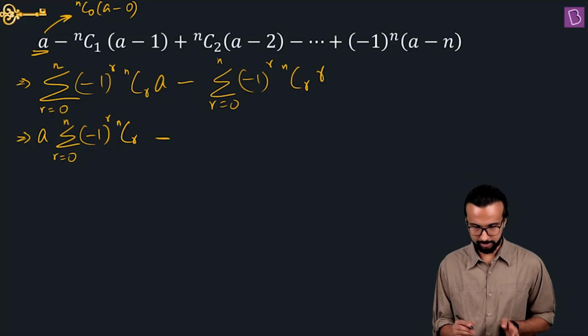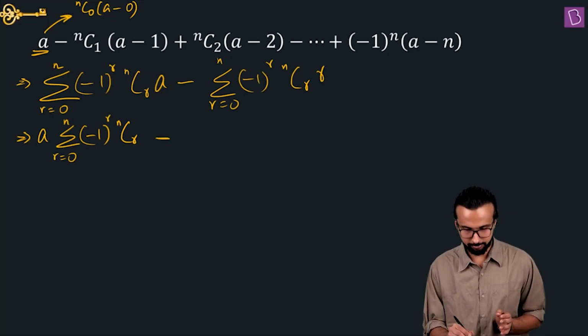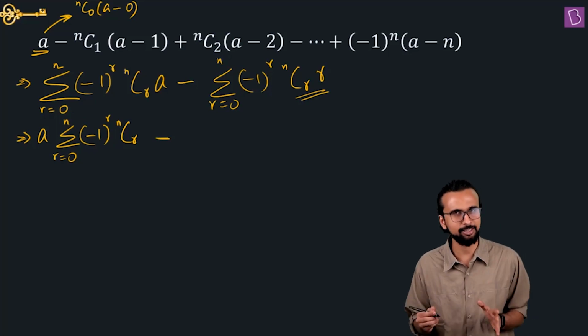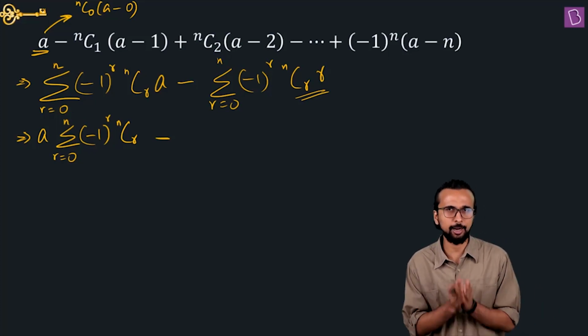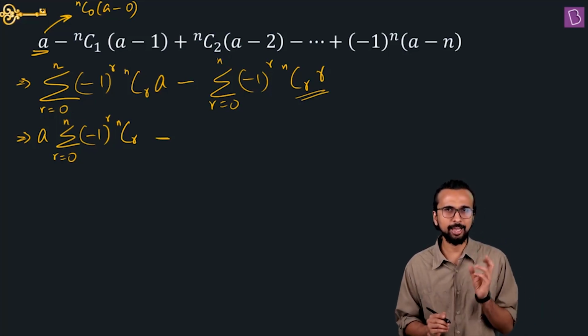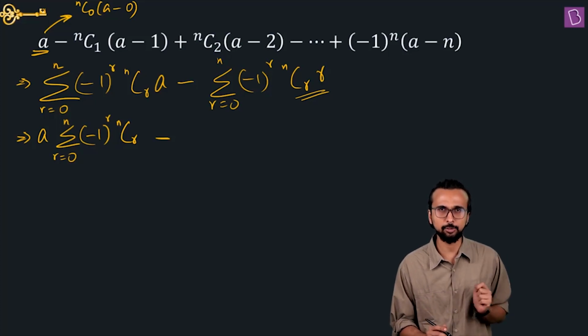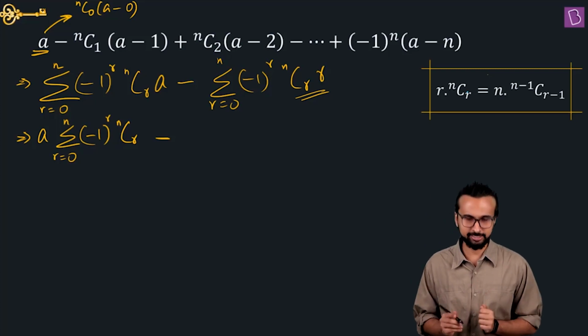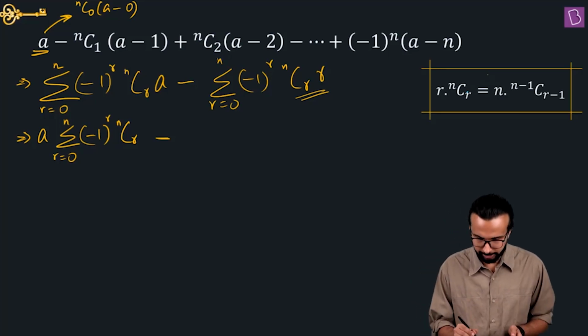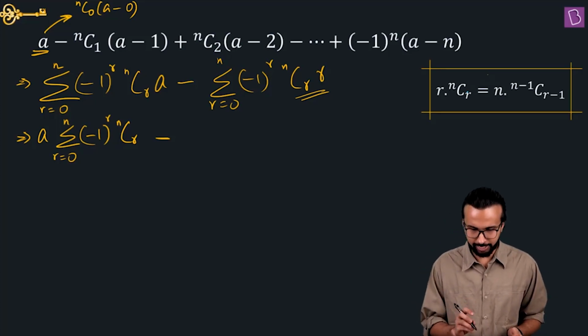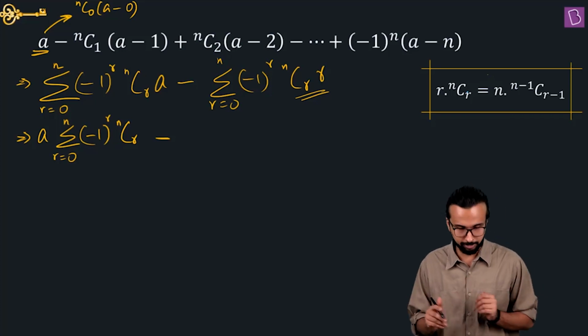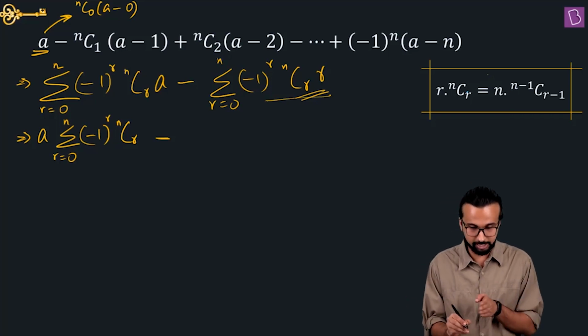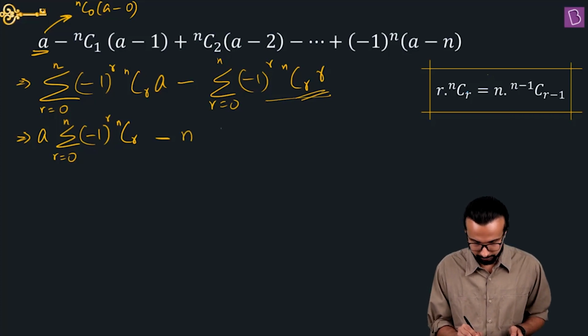Now here I can't take r outside because r is not a constant, obviously. Now r into nCr, how do I take care of that? r into nCr is nothing but n into (n - 1)C(r - 1). Let's use that. So r into nCr becomes n into (n - 1)C(r - 1). n is a constant here, which I'll take out of the sigma sign.